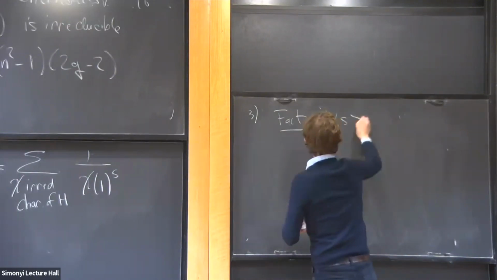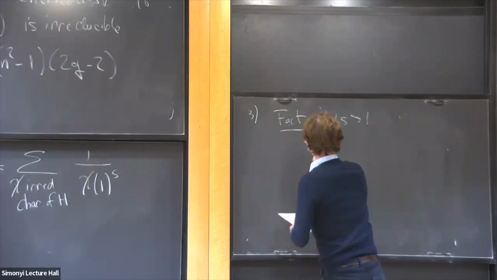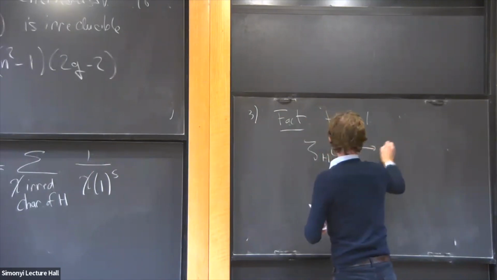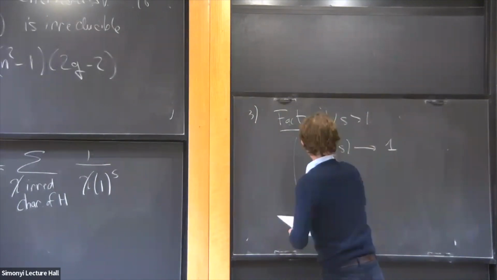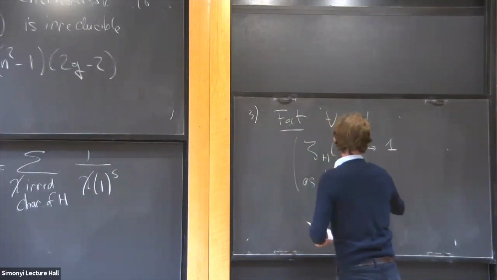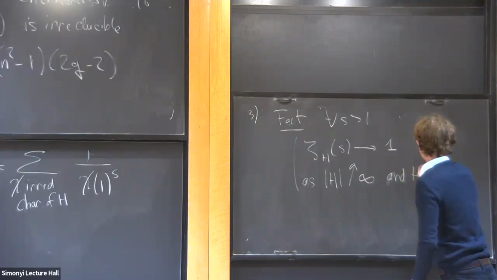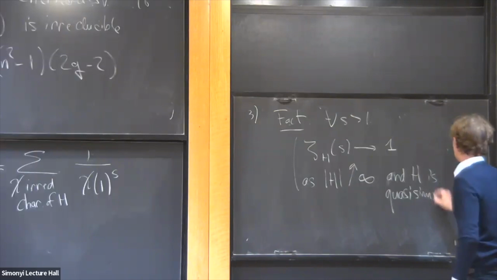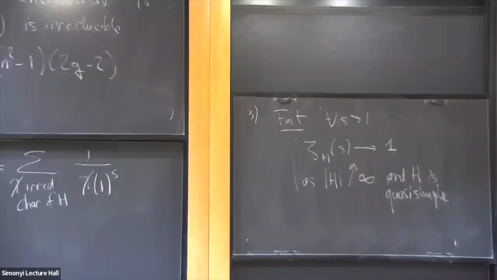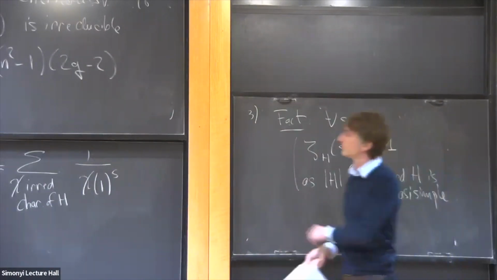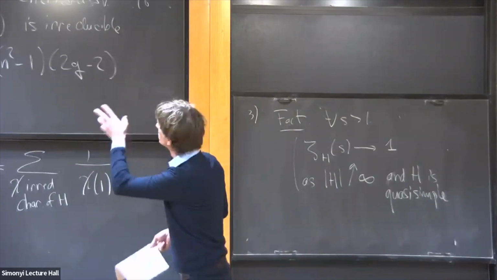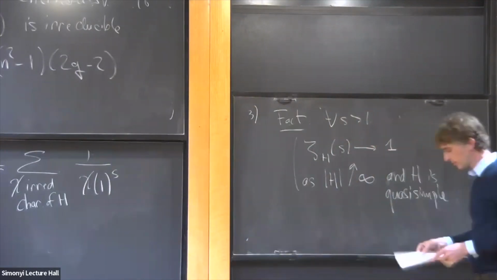For every s strictly bigger than 1, the zeta function of H tends to 1 as the size of H tends to infinity, and H is quasi-simple. A quasi-simple group is a group which is simple modulo the center and is perfect. Okay, so that's the case for G(Fq), where G is an algebraic group.